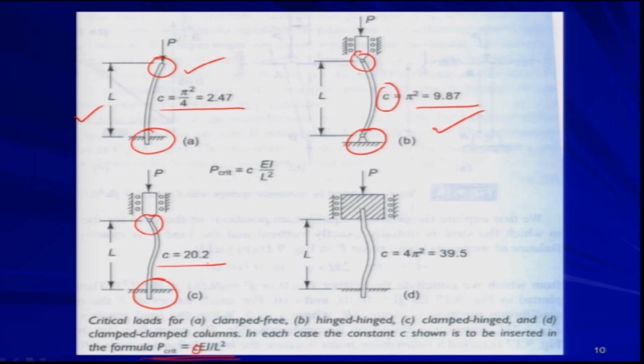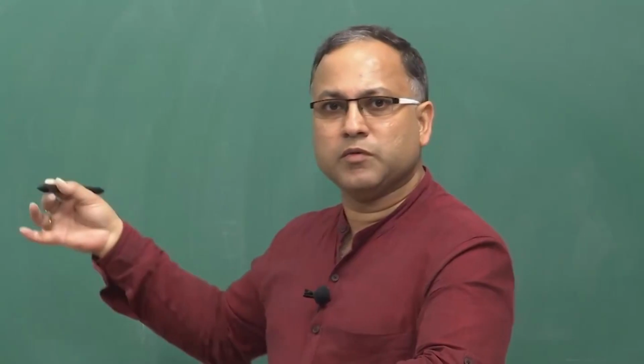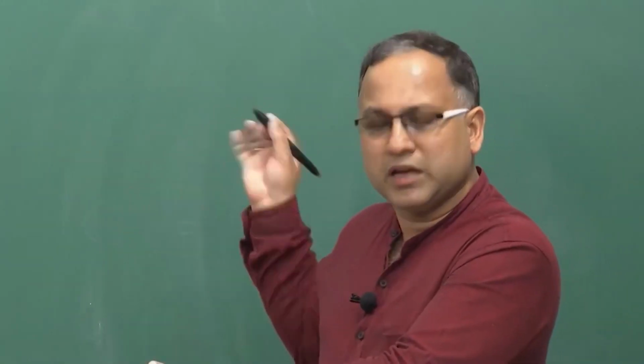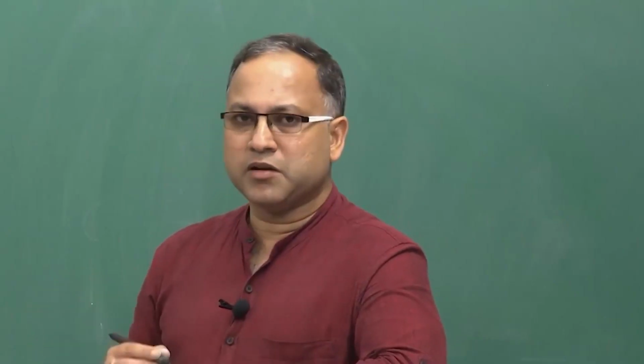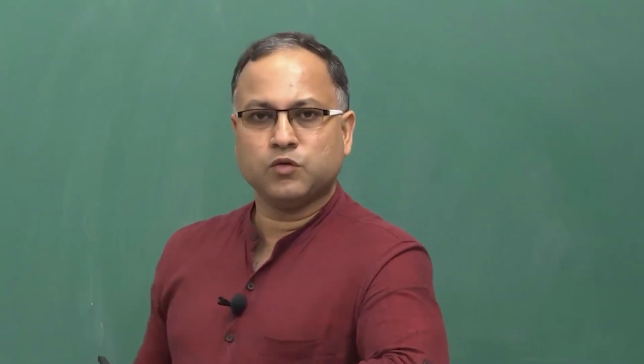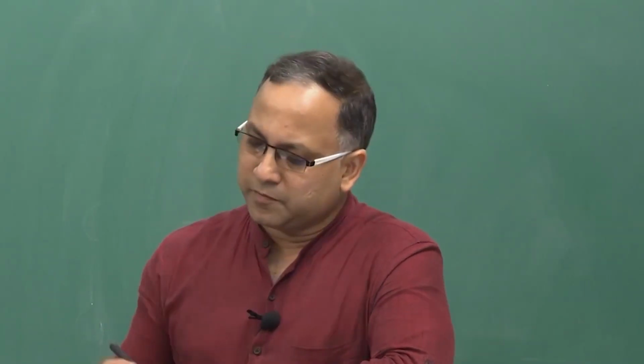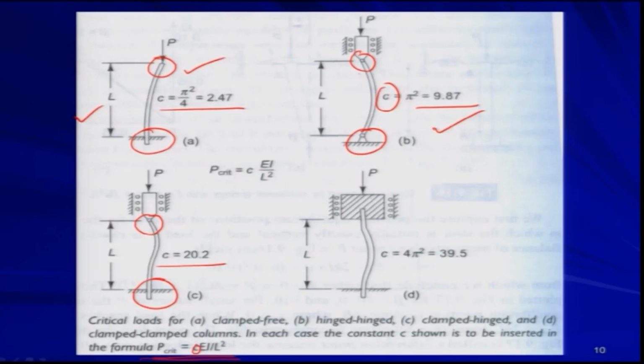That also you can derive by putting in different boundary conditions, solving in a similar way. We will take one numerical example with different boundary conditions, then you will see that these values come. Now, if both ends are clamped, that means this end is fixed and this end is also fixed, then your C is 4 pi square.